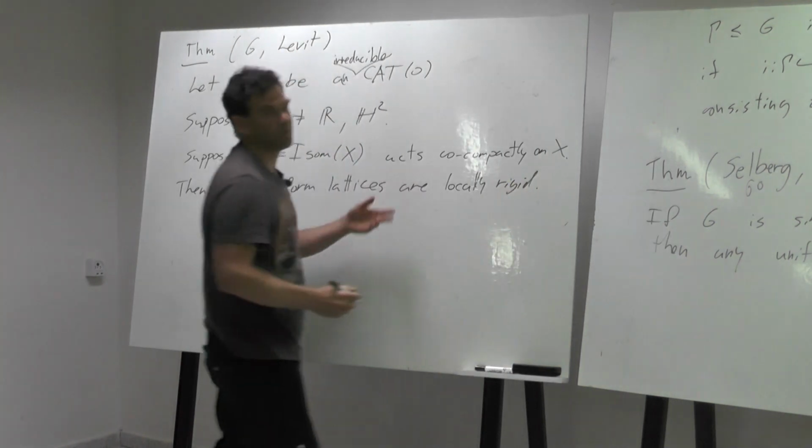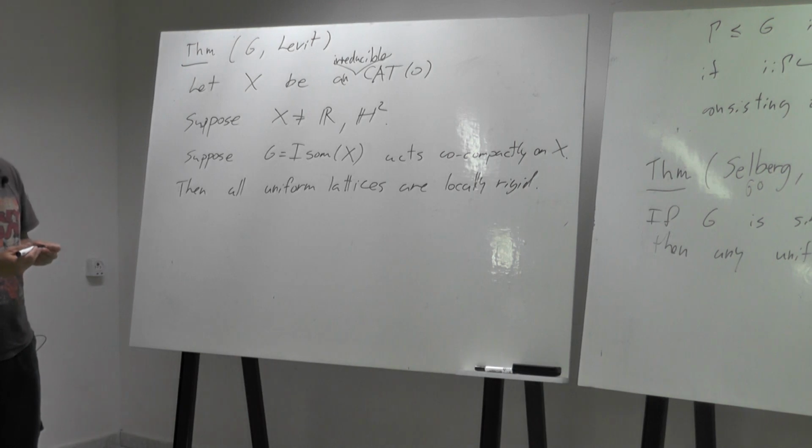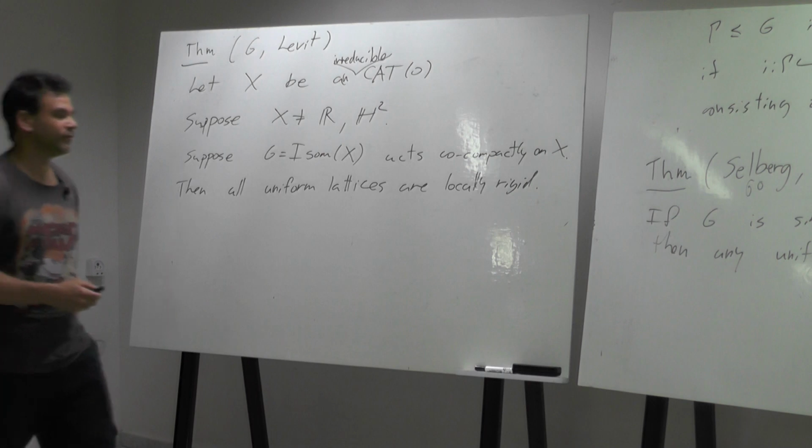So you don't have Mostow rigidity, but all uniform lattices are locally rigid.